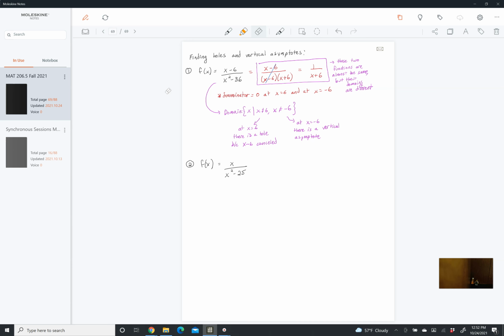The denominator equals 0 at x equals negative 5 and at x equals 5. Both of these are vertical asymptotes, because nothing cancels. If something had canceled, we would have had a hole.